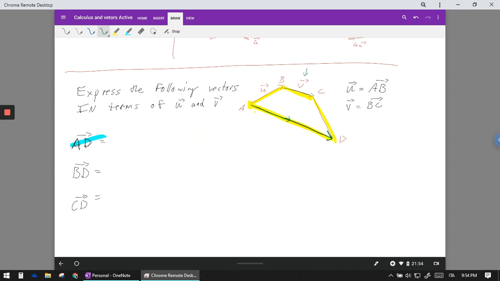My drawing is not very good there, okay? So basically AD then is equal to 2 of the V vectors, all right? Because the V vector goes like this, but then AD can do that and that.